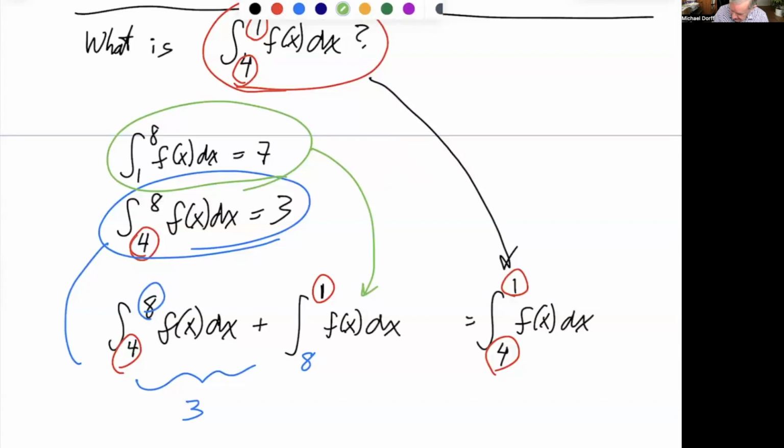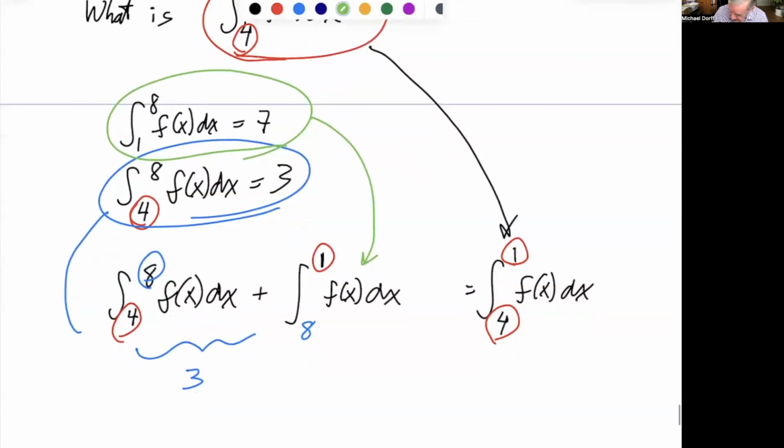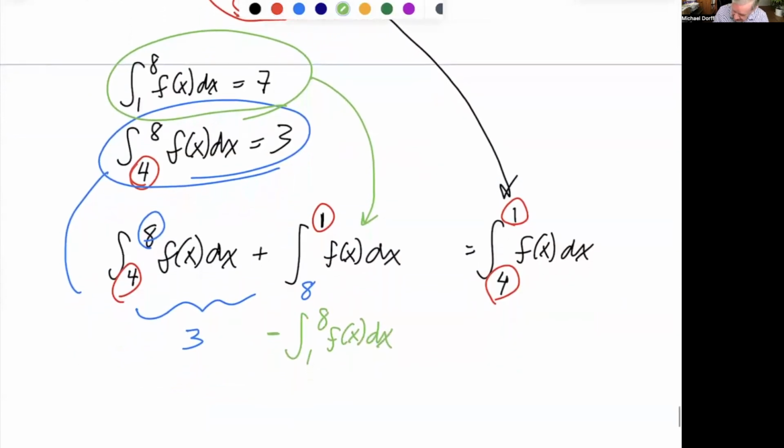This is going to be equal to the negative of the integral from 1 to 8 of f of x dx. And that was, I think, the second property that we had there. So we have now 3 minus 7, and that's going to give us a negative 4, and that's going to give me the integral from 4 to 1 of f of x dx. All right, look this stuff over, and hopefully that will help you.